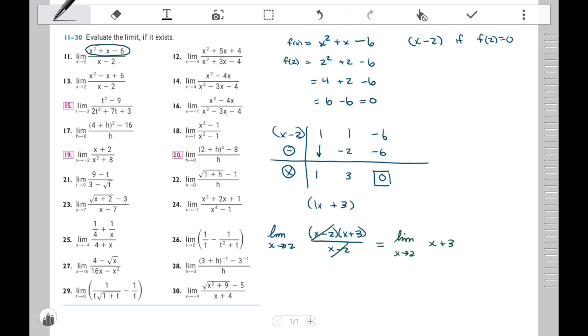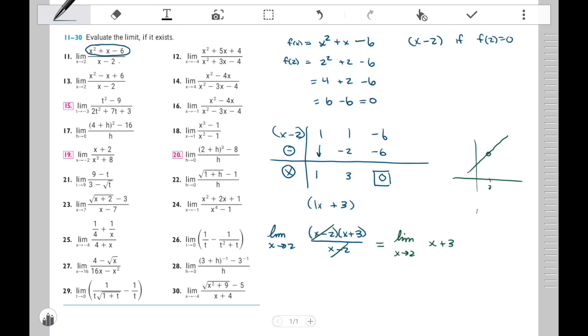The only difference is if we plotted this x squared plus x minus 6 divided by x minus 2, it would be some graph like this where it behaves like y equals x with a y-intercept of 3. It would be something like this, but at x is 2, it's undefined. It has a hole in it.